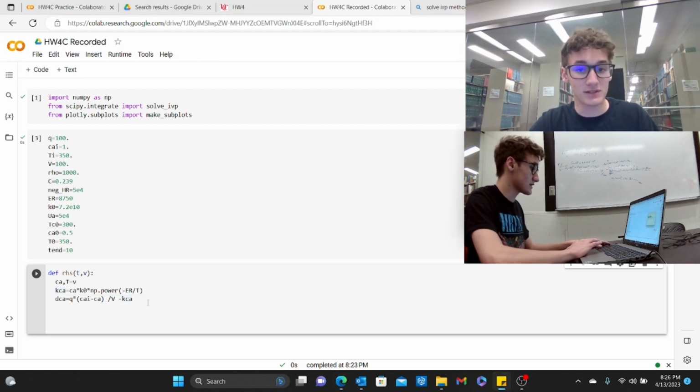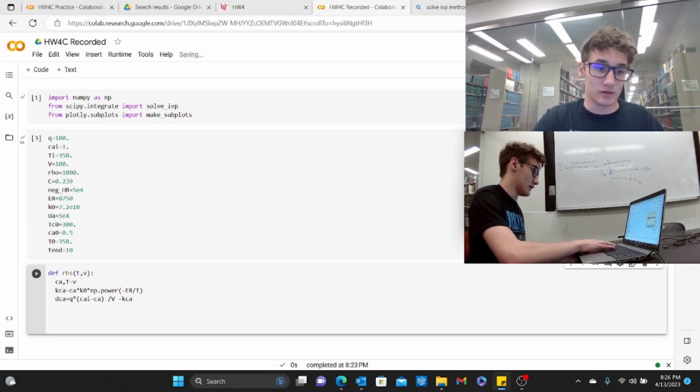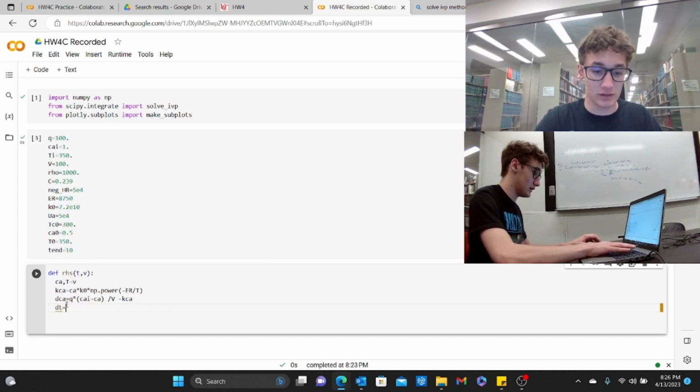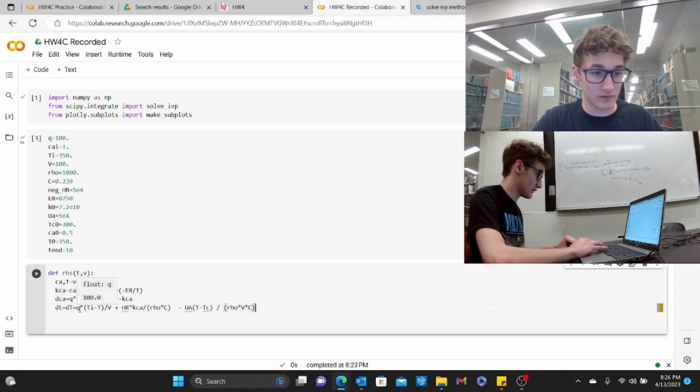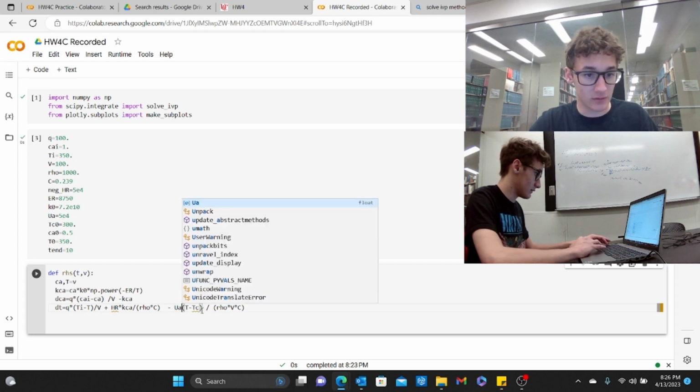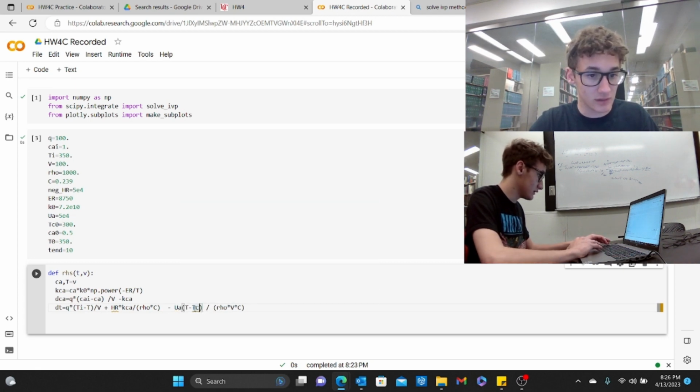So now the next bit is the fun one. We're going to call this dT equals, so we have Q times TI minus T. Let's fix everything up. TC, for the temperature of the coolant.